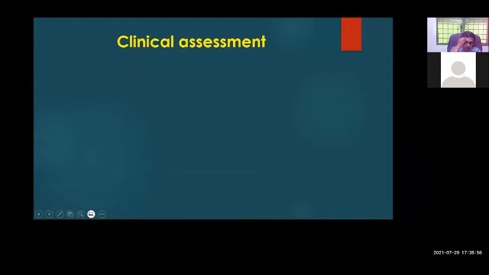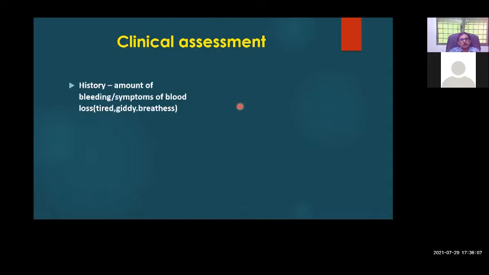Okay, once the investigations are done and a diagnosis established, then you need to clinically assess the patient for further treatment. This is done through a good history, recording the amount of bleeding, length and duration of bleeding, and also symptoms of severe blood loss like tiredness, giddiness, and breathlessness.